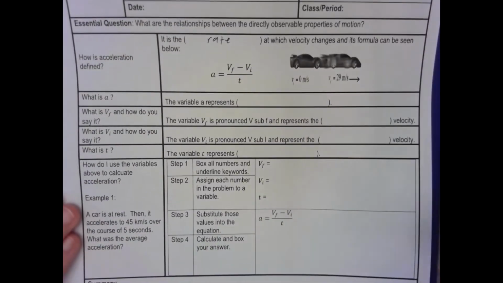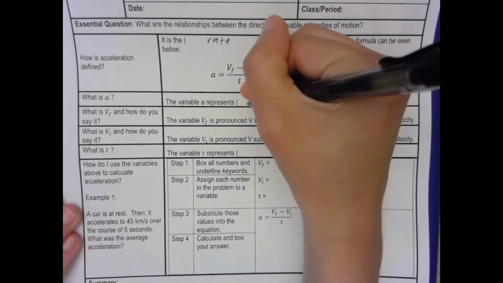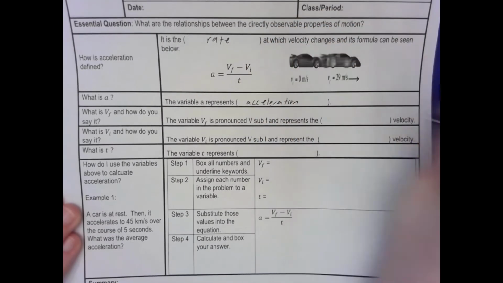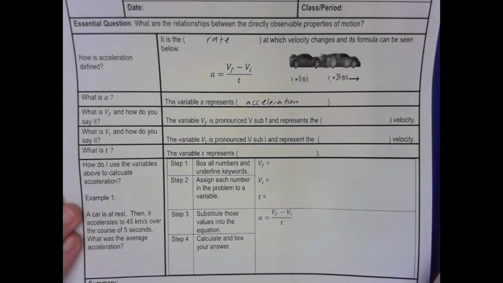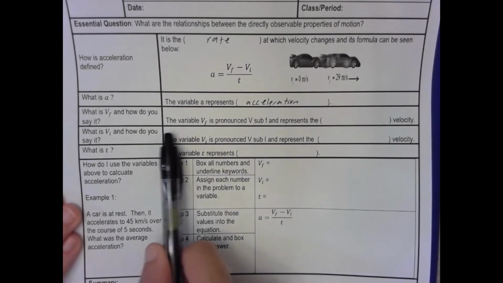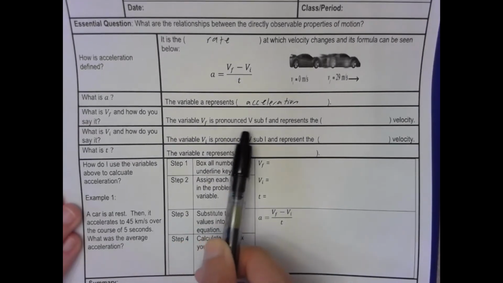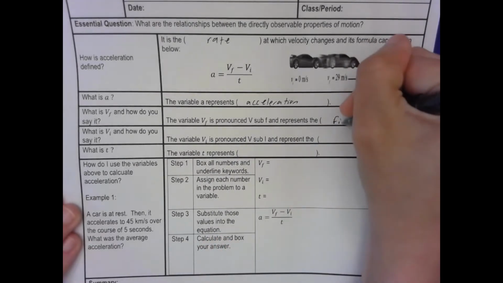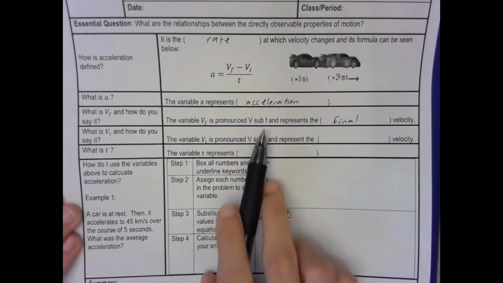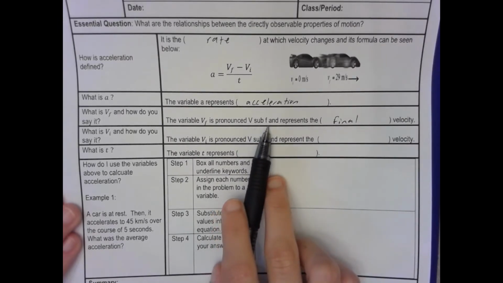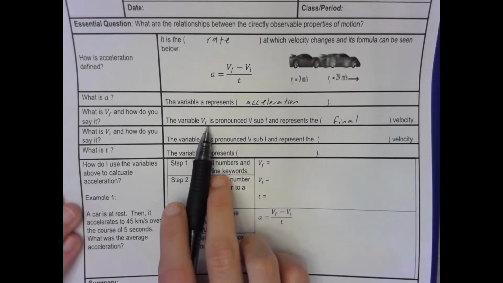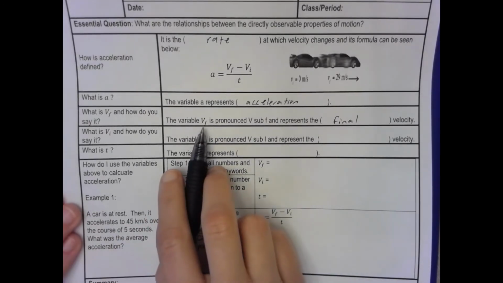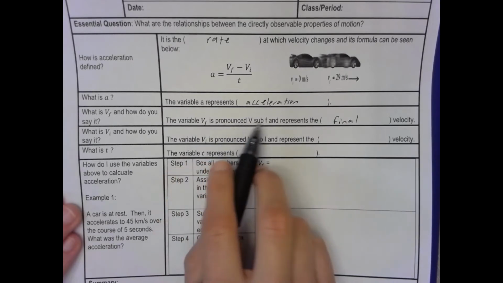So what is a? The variable a represents acceleration. What is v sub f, and how do you say it? The variable v sub f is pronounced v sub f and represents the final velocity. That sub f means that the f is a subscript. So we have a big V and then a subscript f to let us know that it's the final velocity.